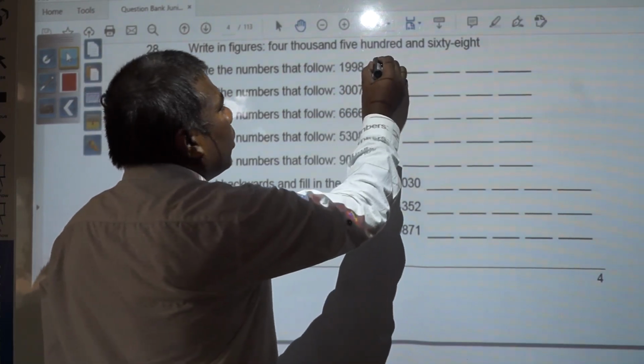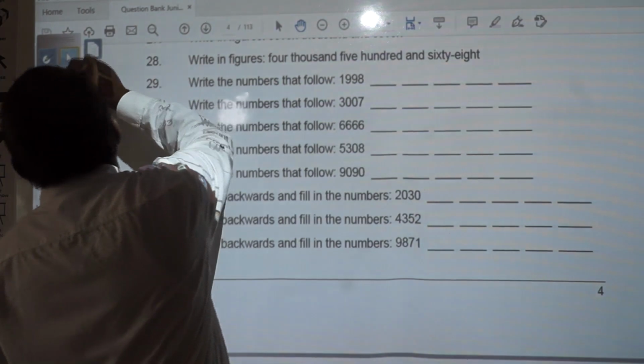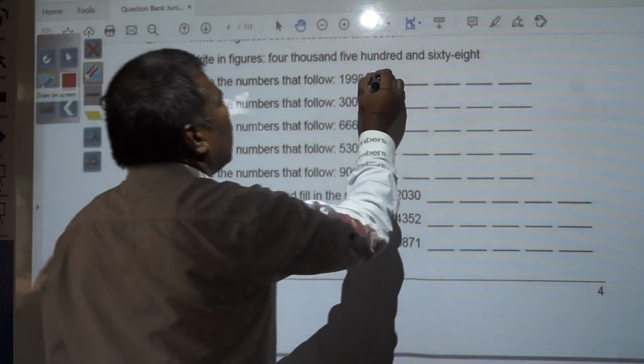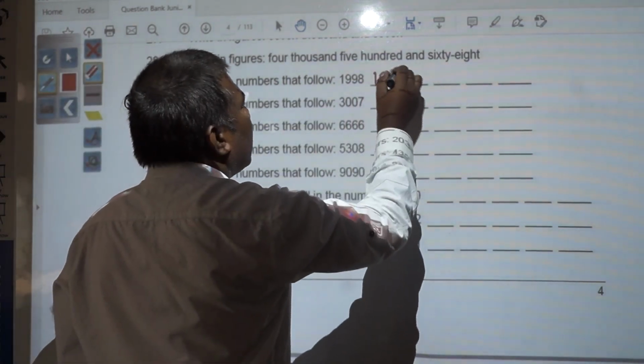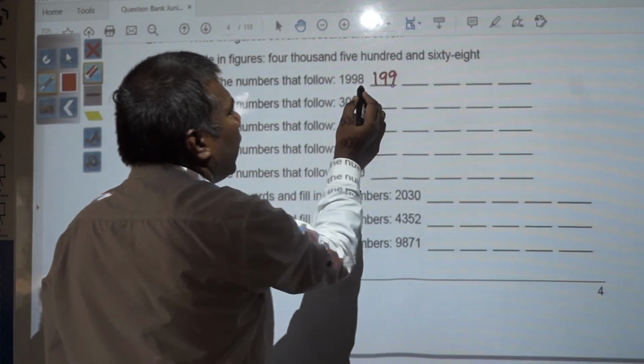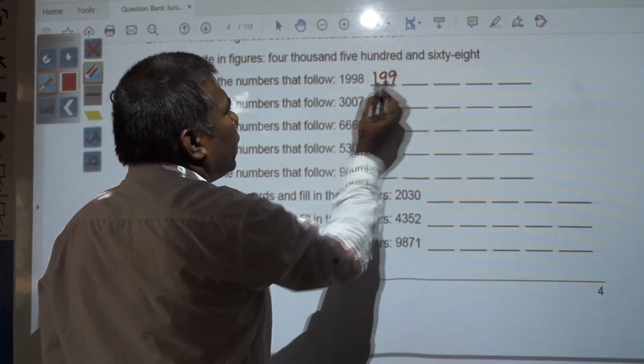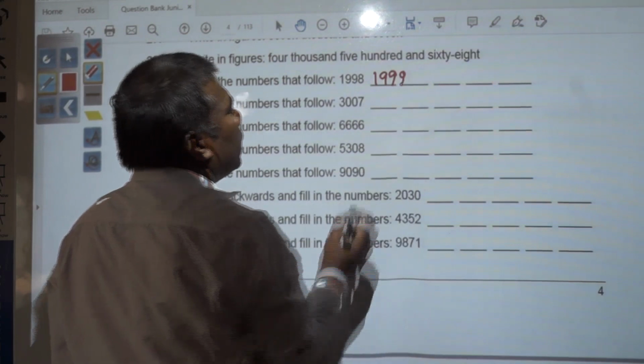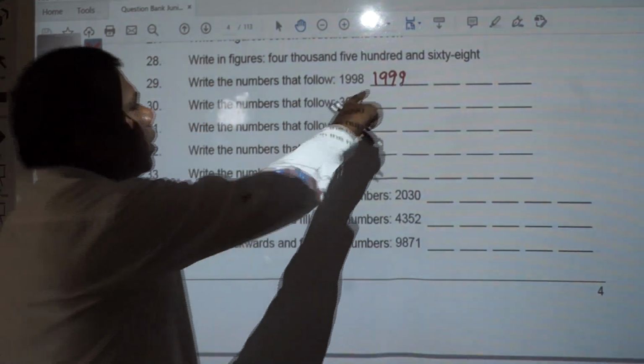So you will get 199, and if you are adding 1 on 8, you will get 9. This is your first number.